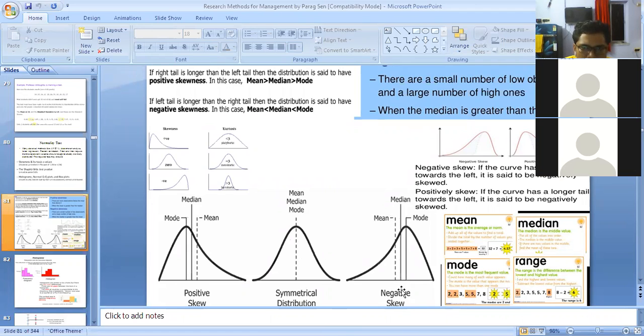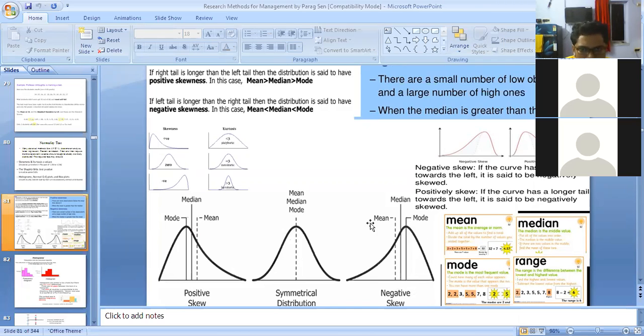So for positively skewed, most of the data are below the mean, because the mean is greater than the median. But in negatively skewed, the mean is less than the median, so most of the outcomes are above the mean.